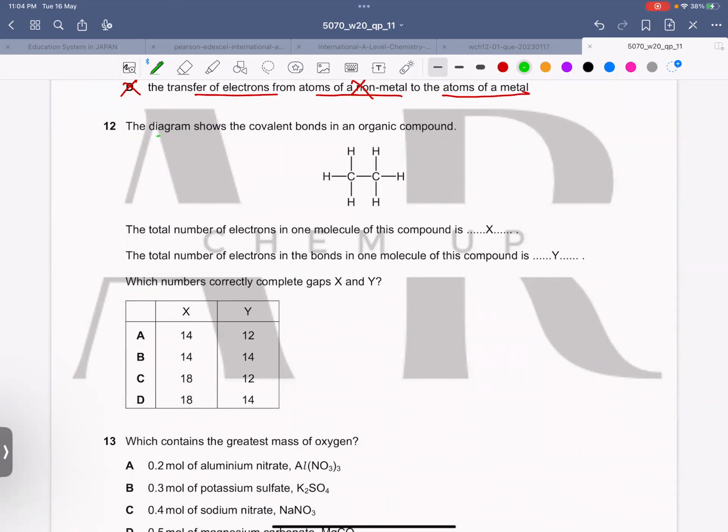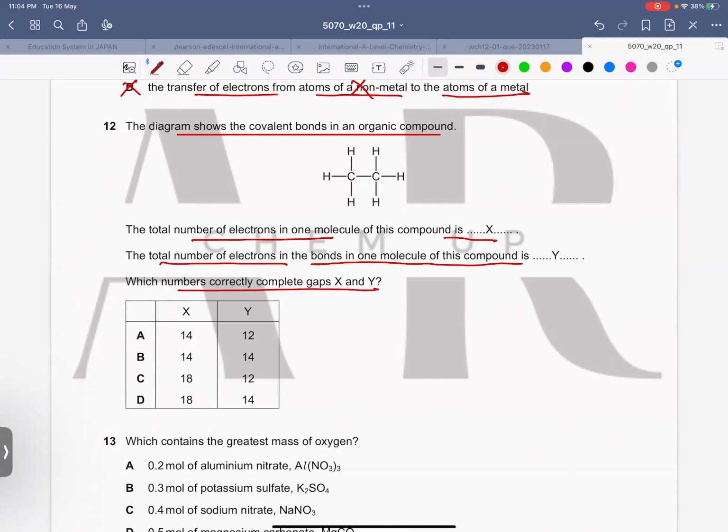The diagram shows the covalent bonds in an organic compound. The total number of electrons in one molecule of the compound is X. And the total number of electrons in the bonds in one molecule of the compound is Y. Which numbers correctly complete the gaps X and Y?